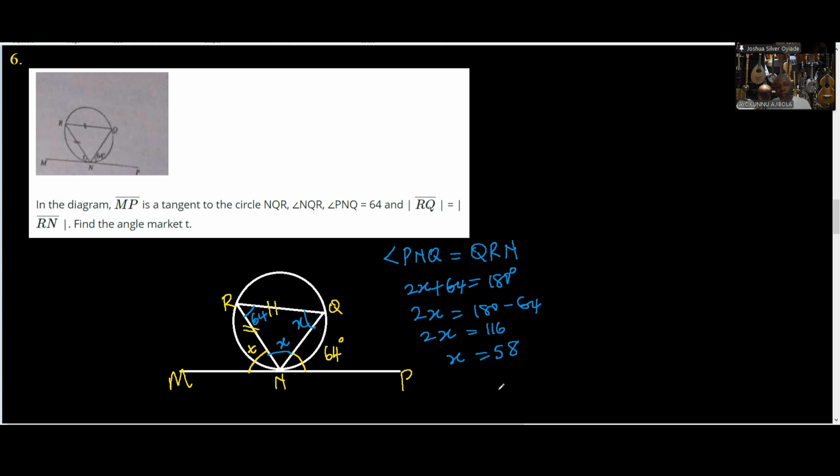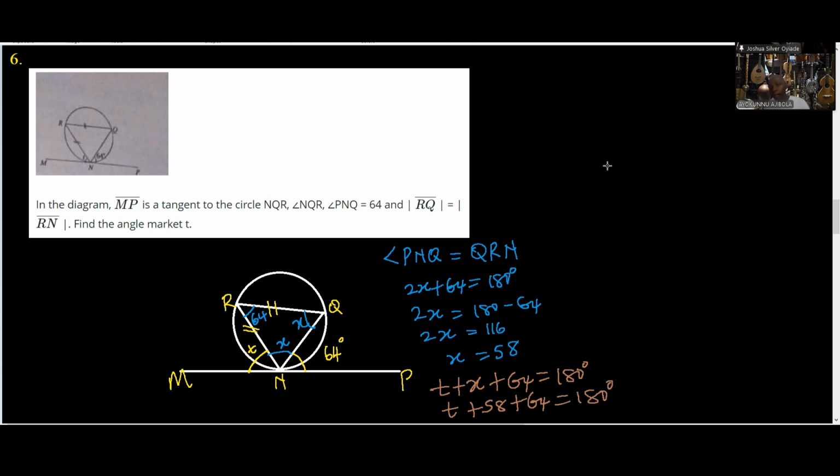Yes, sir. If x is 58, we can say t plus x plus 64 equal to 180. Then that means t plus 58 plus 64 is 180.